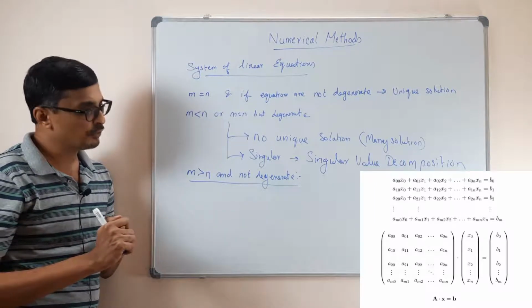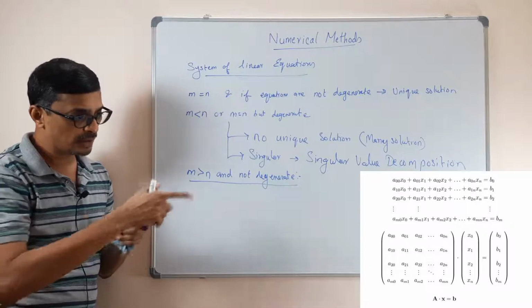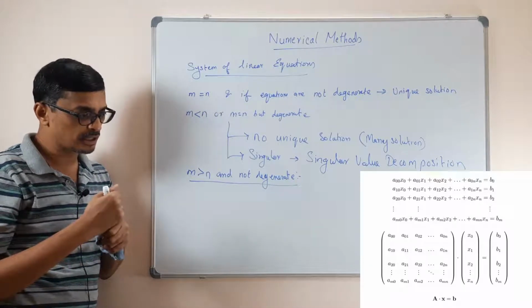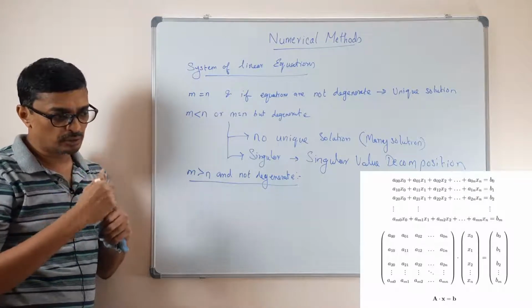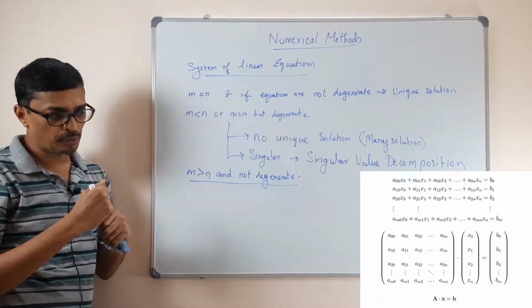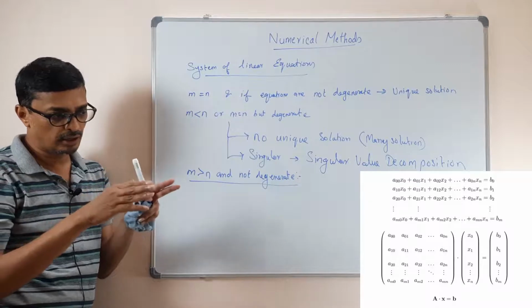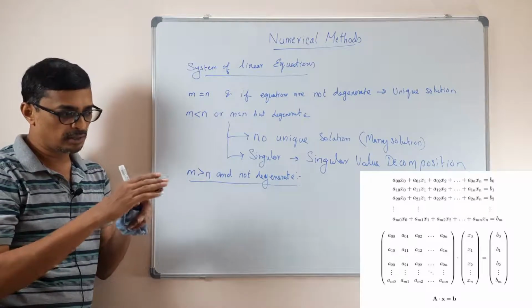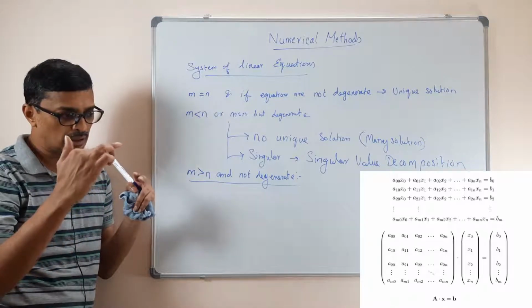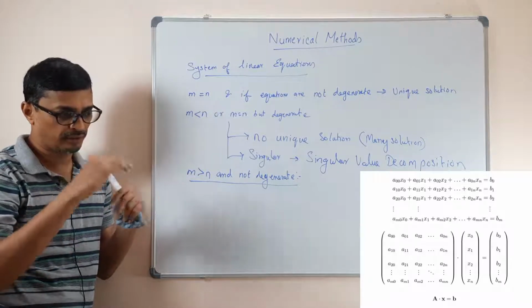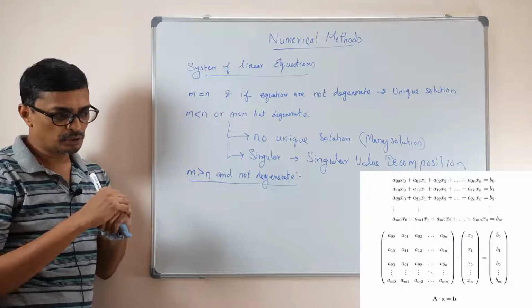If you go back to the presentation and look at the matrix part: if I swap a row and swap the corresponding row of the B matrix, will the solution change?